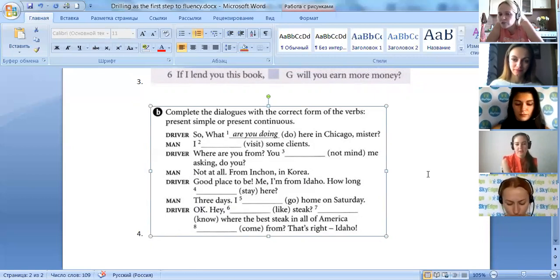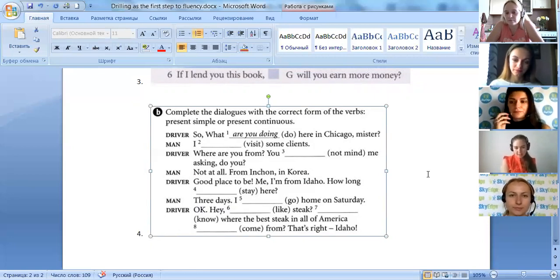Can you repeat, please? How long? How long are you staying here? Okay. It's my ear. I have bad ear, so it's okay. 3 days. I'm going home on Saturday. Hey, do you like steak? Do you know where the best steak in all of America comes from? That's right, Idaho.